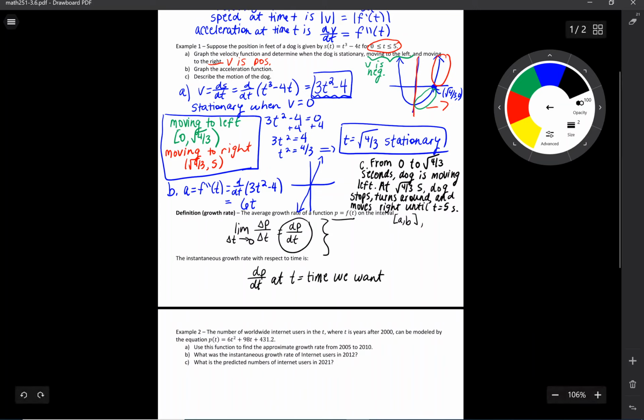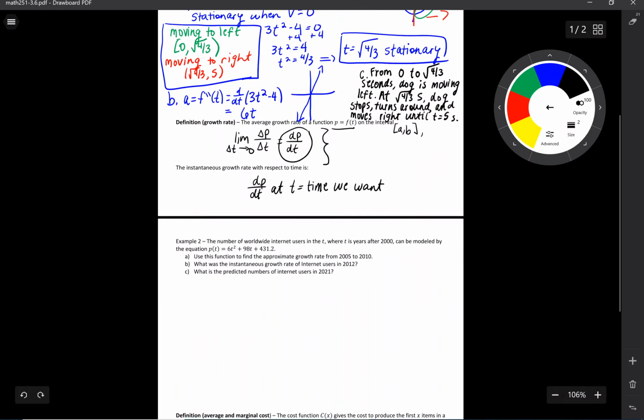So let's look at an example. The number of worldwide internet users, there's a typo here, in millions, in time t, where t is years after 2000, can be modeled by the equation p of t equals 6t squared plus 98t plus 431.2.